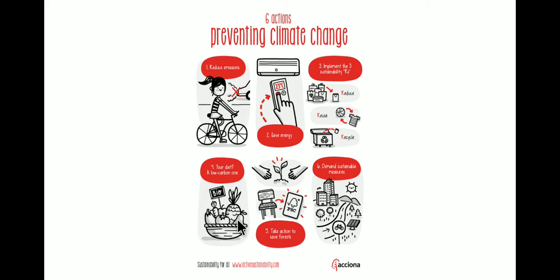Also we can take action to save the planet earth by planting more trees, using less amount of wooden products. Also we can switch to the renewable energies. In that way, there are a few more other ways by which we can prevent the global warming effects.